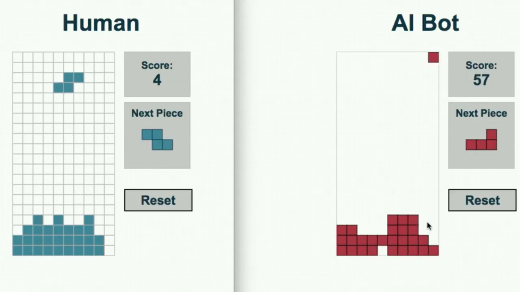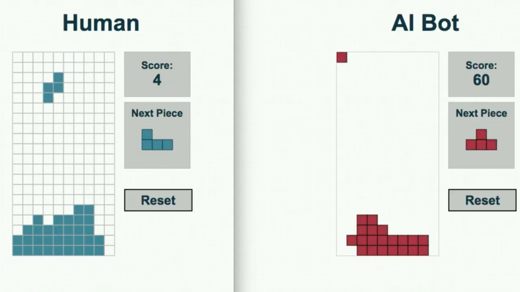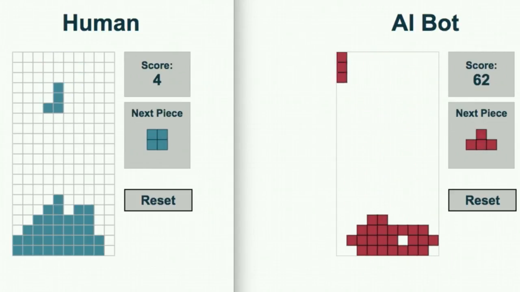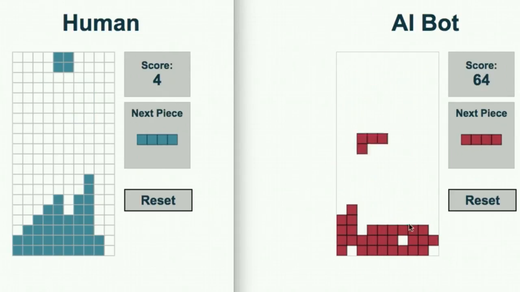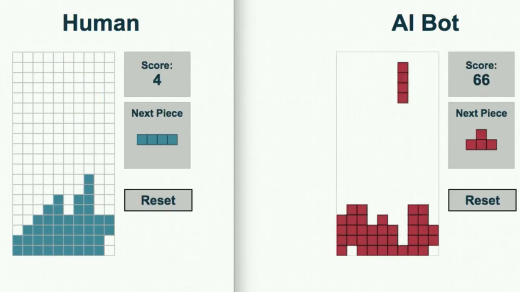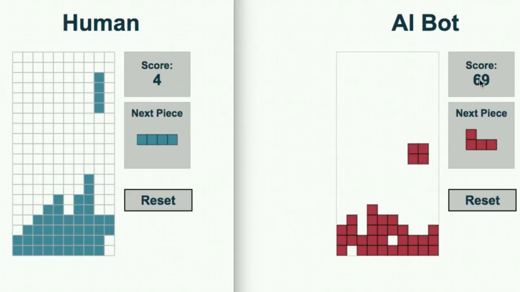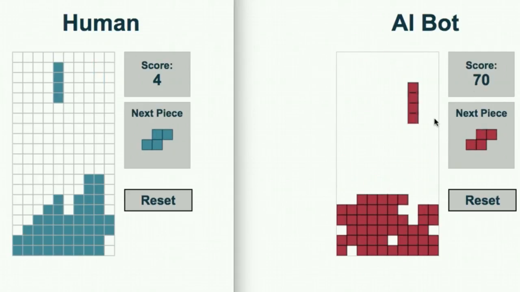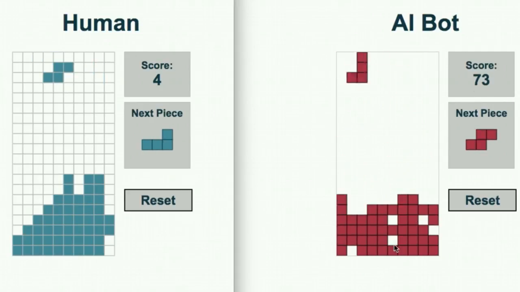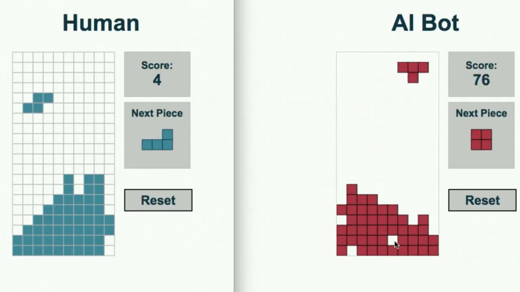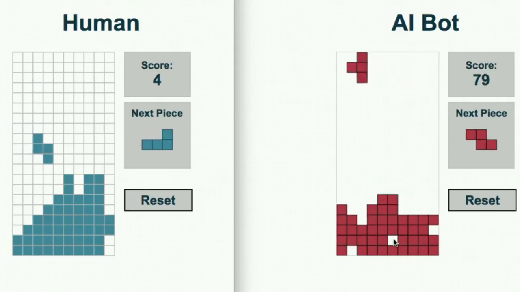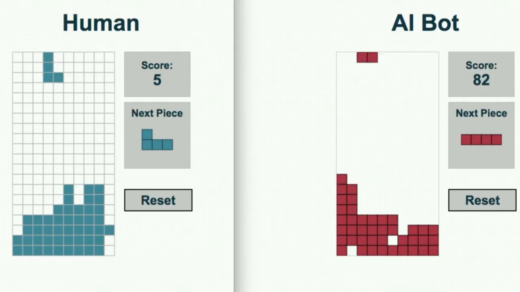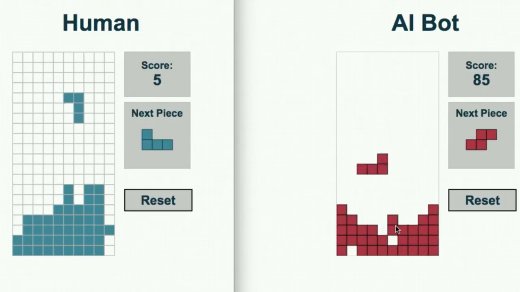The pieces are going pretty fast, but that doesn't matter in the context of our project because we're just comparing the score, which is based on number of lines, not time. As you can see, it's not afraid of making a hole, and it'll eventually clear the hole by clearing the lines on top.